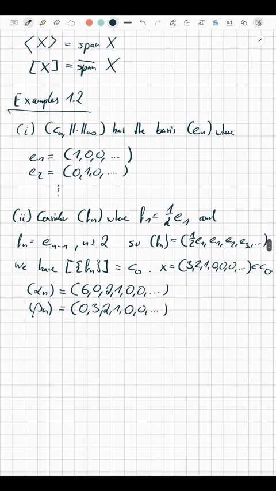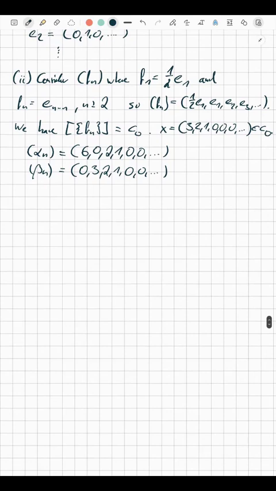And next up, another nice fact to note. Since the linear combinations of the basic vectors form necessarily a dense subset, it follows quickly that every Banach space which has a Schauder basis is necessarily separable.